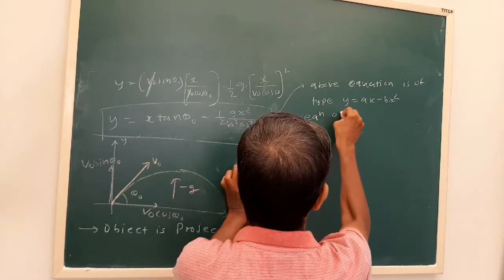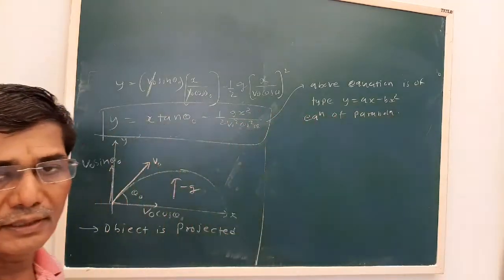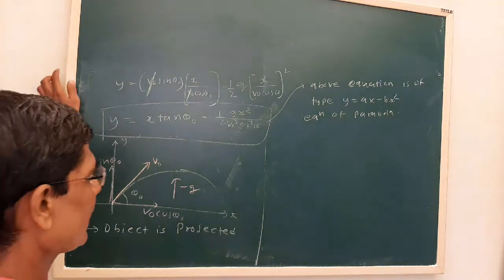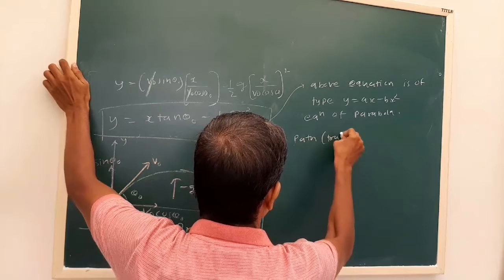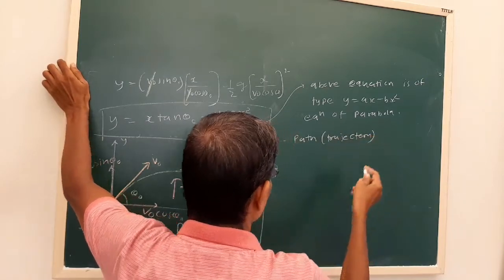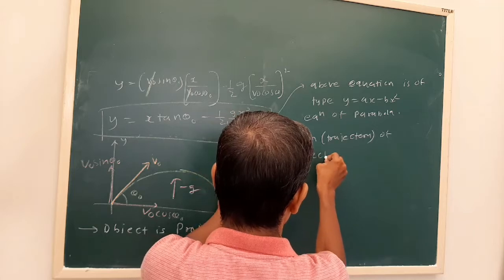That is the equation of a parabola. Okay, equation of a parabola. That's why the path or trajectory of a projectile is parabolic.